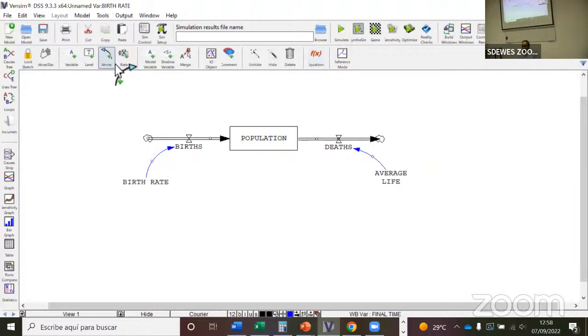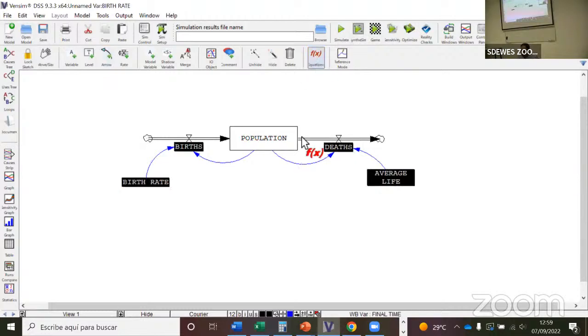So we will need an arrow from population to births, because we will have more births if we have more population. Births will be just the product of population and birth rate. And also for deaths, deaths will depend on population. So you can click on arrow, click on population, then click on births, click population, click on deaths.